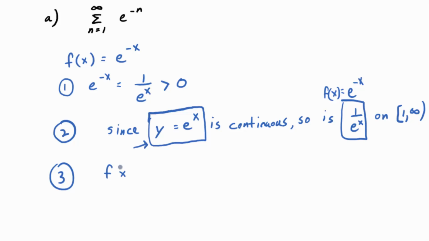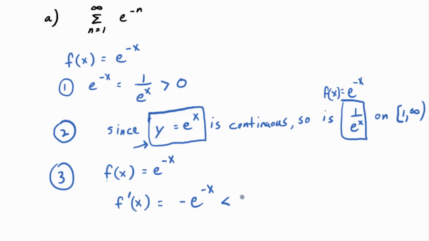F of x equals e to the negative x. If you're not sure how to show that it's decreasing, what can you resort to? Graph it, or the derivative. We looked at something like that yesterday, right? So if f of x is equal to e to the negative x, what's f prime of x? Negative e to the negative x. Is that going to be positive or negative on the interval from 1 to infinity? Negative.